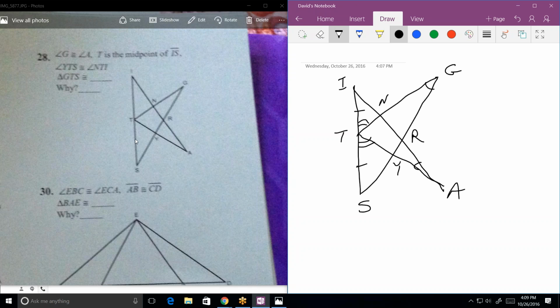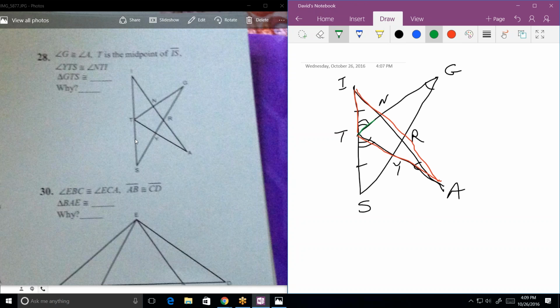All right, now we're trying to prove something about triangle GTS. Well, clearly, what we're going to try to prove is that GTS is congruent to this triangle, right?